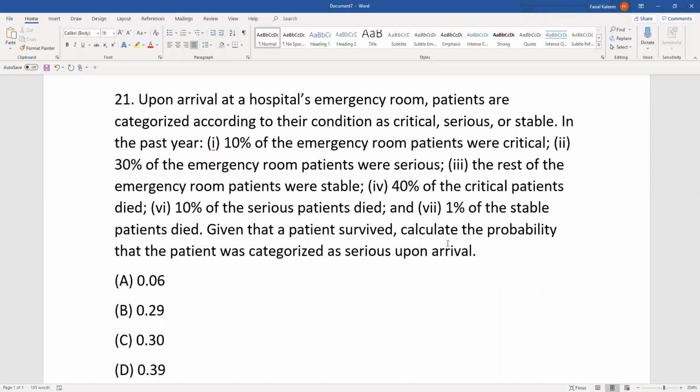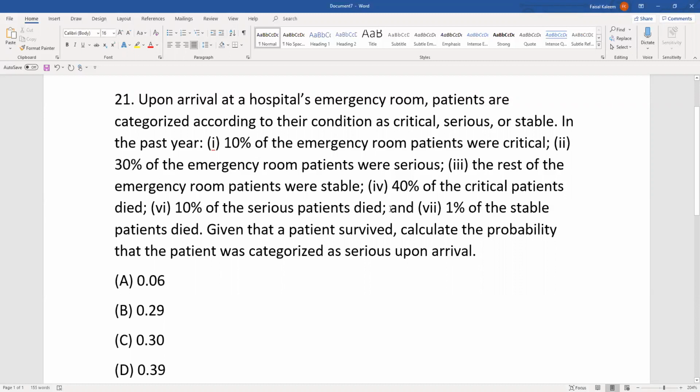So the difference between this problem and the two before it is that the given thing in this case is the survival, whereas earlier the given was the death. Death probabilities were given, and also the given condition was that the patient died.